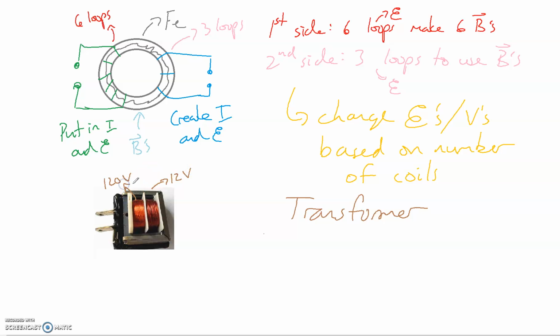So one side's got 120 volts, the other side's got 12 volts, which means this side has 10 times more turns of wire than the other side. Transformers are used to change how many volts you have so you can do different things with them. So this is one of the top applications for induction that's used all the time, including charging your phones. And this is what we're going to look at a little bit in the next video.